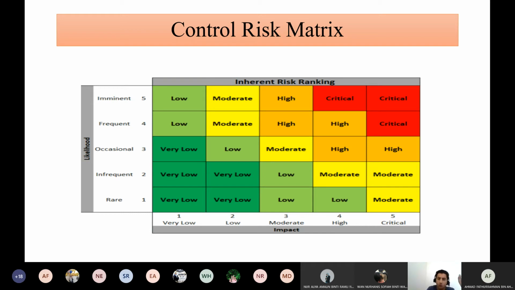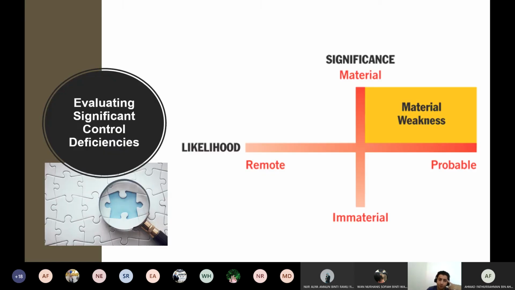Moving to the right side of this table, you can see it moves to low, moderate, high, and also critical. When we say critical, it means it has significant and material impact, and it is imminent or frequently happens.